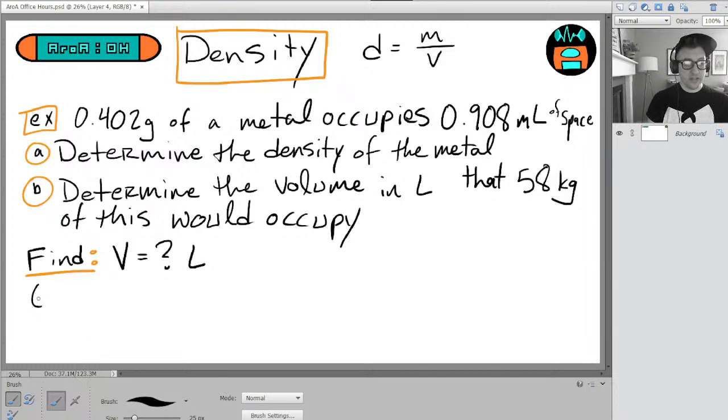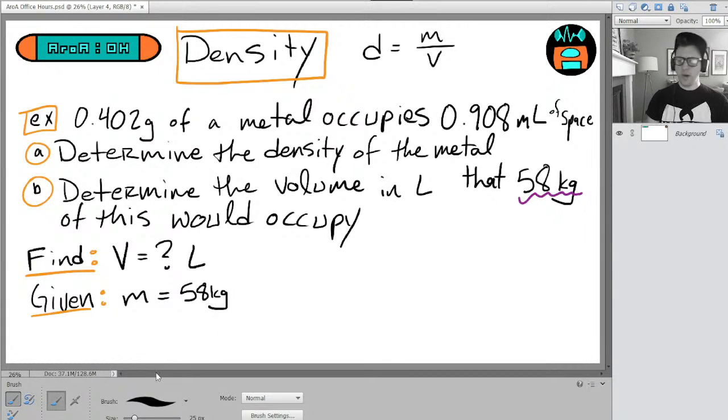Let's look at what we're given. Right off the bat, we're given a mass. We're asked to determine the volume of a sample that has a mass of 58 kilograms. And that's all that's given there.